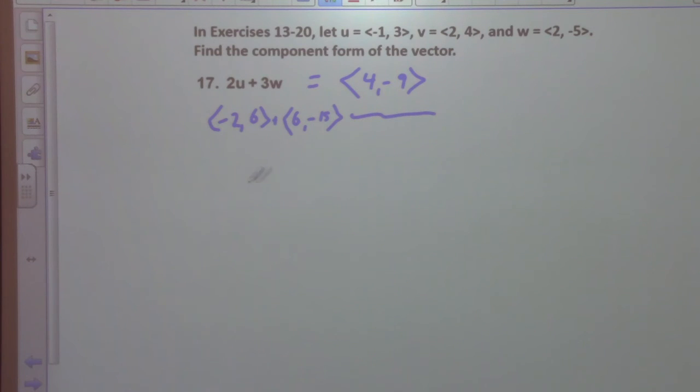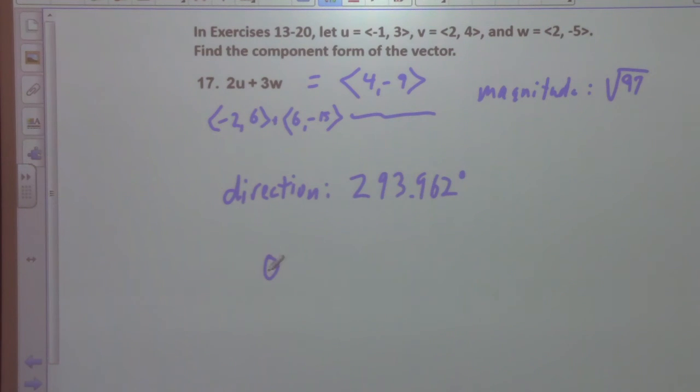Go ahead. Magnitude, I got the square root of 97. Okay, direction, I got 293.962. I added the thing with 360.